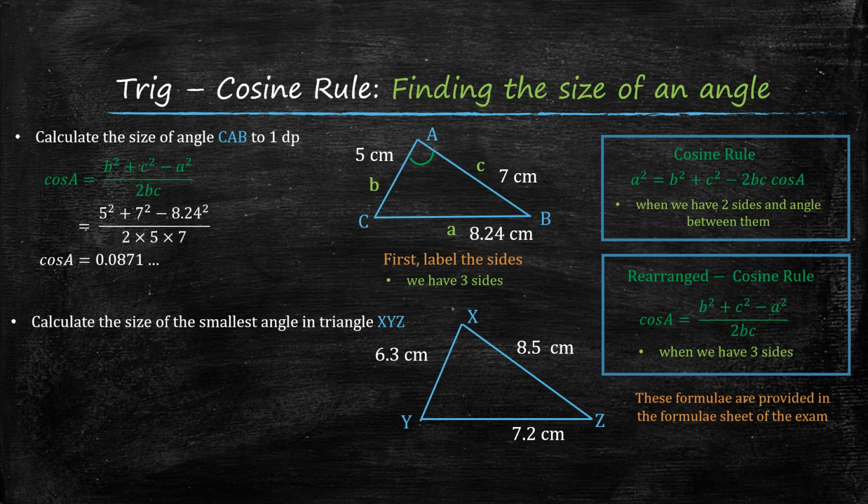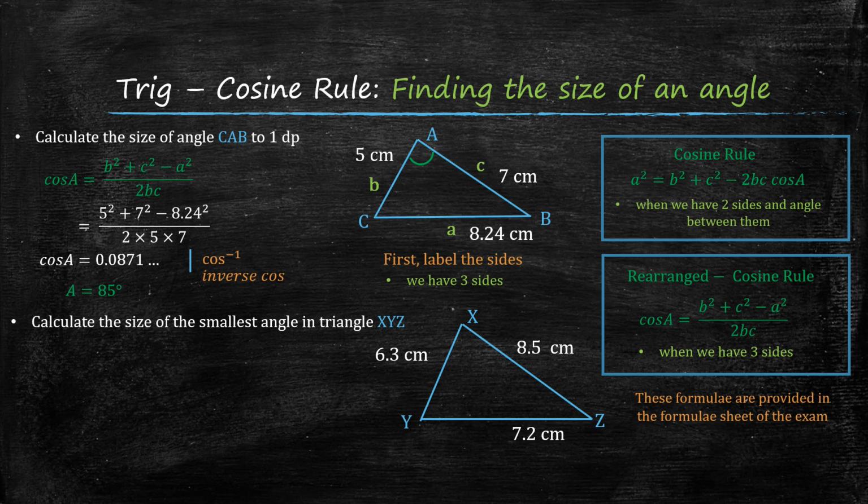So cos A is equal to 0.0871 and onwards to a number of decimal places. We then need to take the inverse cos of both sides to get A on its own, and this gives us A is equal to 85 degrees. As before, we normally do the last 2 steps in our calculator in the one go, but we've broken it out here for display purposes just to show you that we take the inverse cos of both sides.